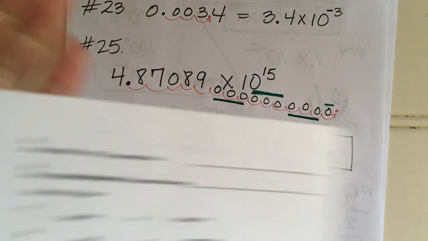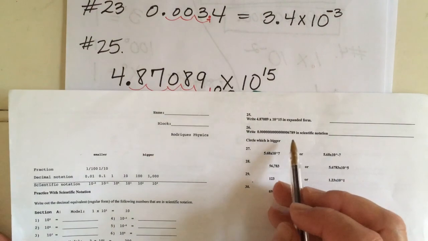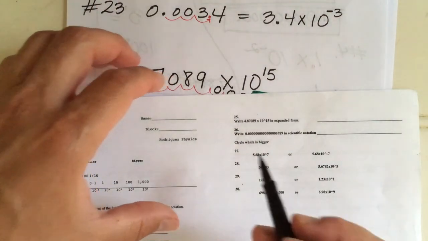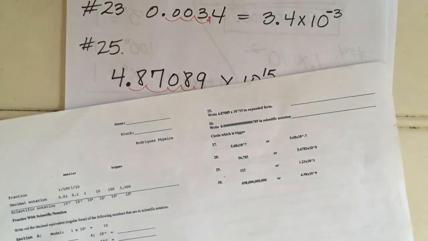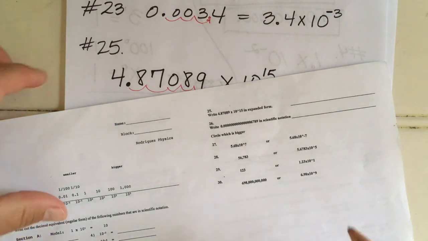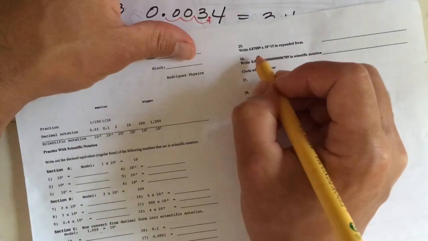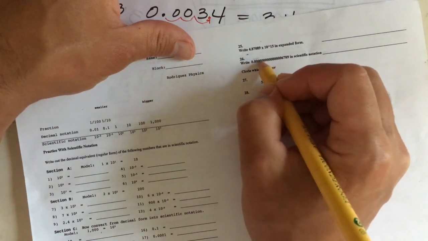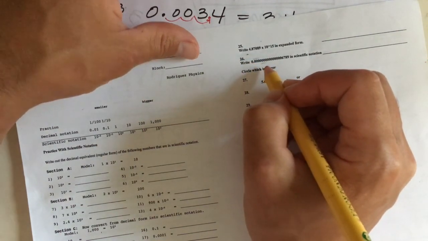I think it's 15 zeros. Normally I would just write it right over the top of it, but I don't want to, like I said, ruin this. I guess I could get a pencil, and let me see if I have a light pencil to write with so I don't ruin this worksheet. 1, 2, 3, 4, 5, 6.